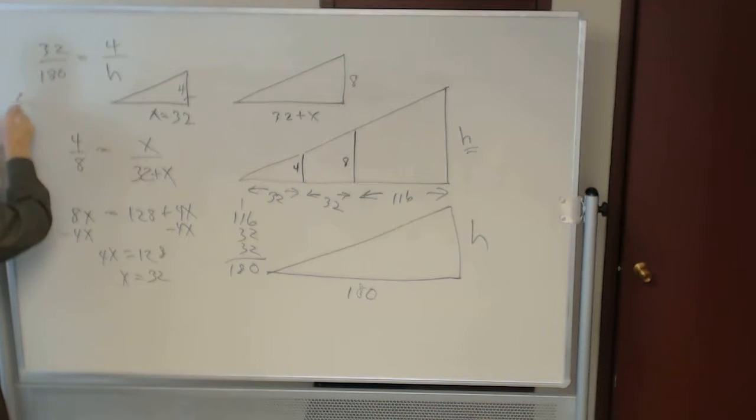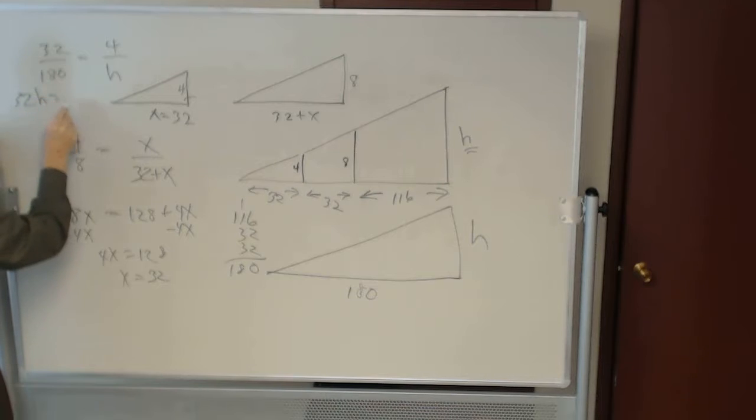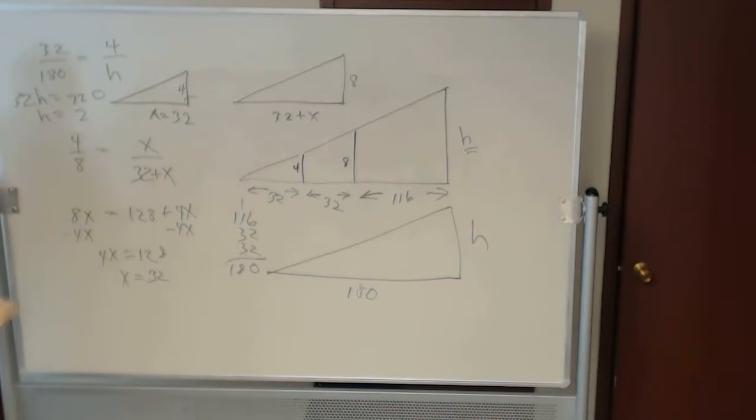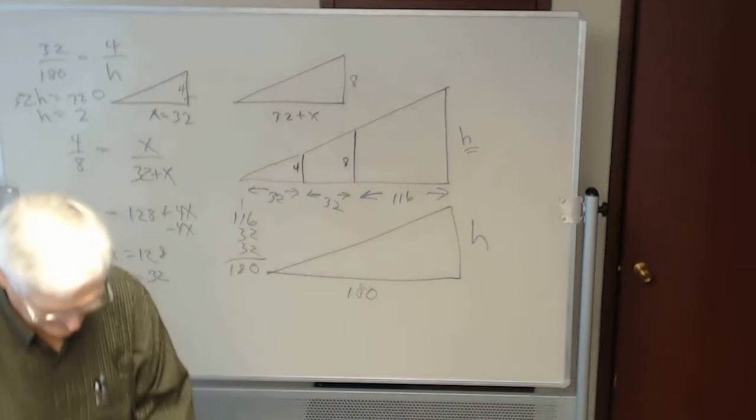Then that would be 32h equals 720. H would equal, what is that? I can't do that in my head. You have your calculator there?